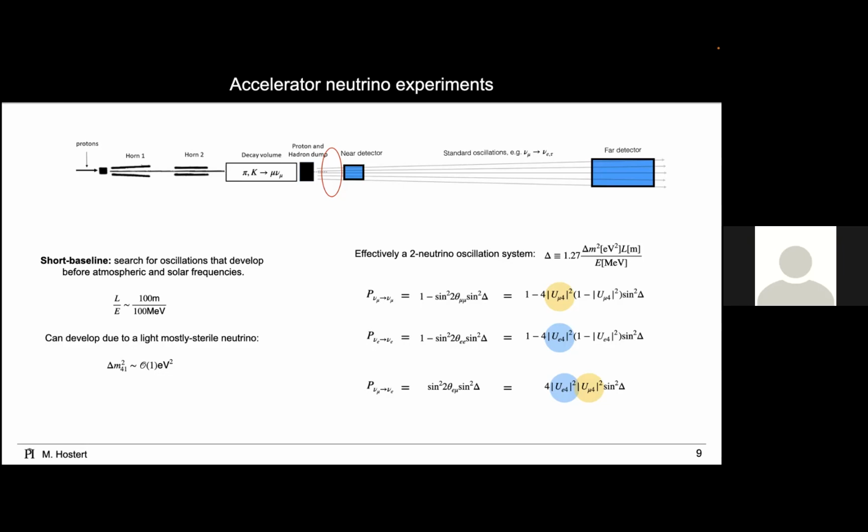What that means for us is that if you see appearance signals, you should also see disappearance signals accompanied by that. And in fact, the appearance signal goes like the 4th power of these small mixing elements, while the disappearance signal goes like 1 minus the square of this quantity.